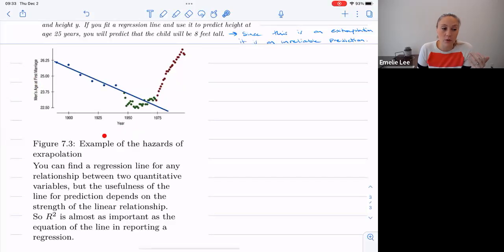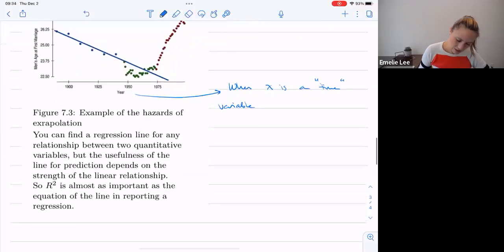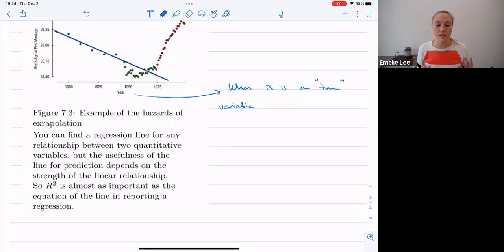So this would be what we call a time series. When X is a time variable, whether it's year, minutes, hours, or months, we call this a time series.